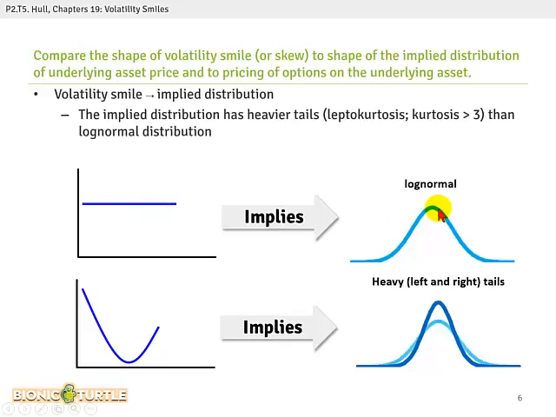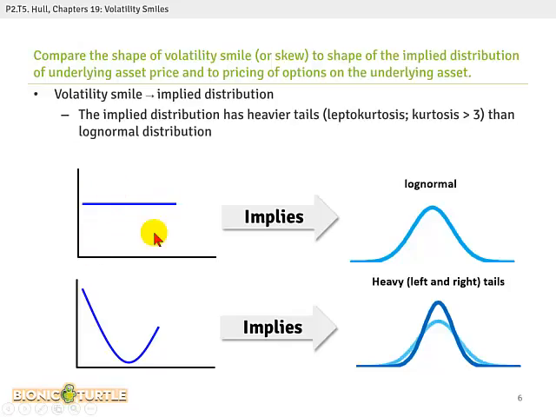Why? Because the Black-Scholes model is not only assuming constant volatility, but a log normal distribution, which is to say that as the strike price varies, notice this, we don't really assume any change in the volatility.